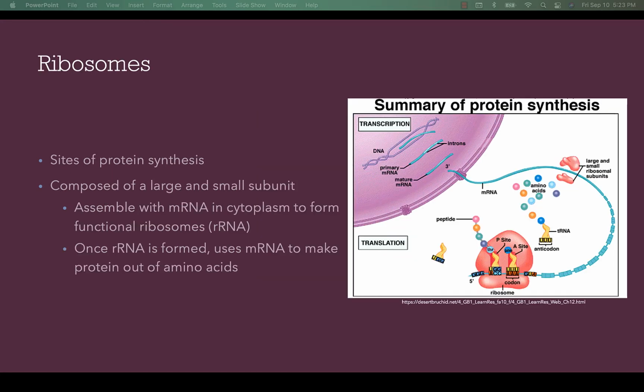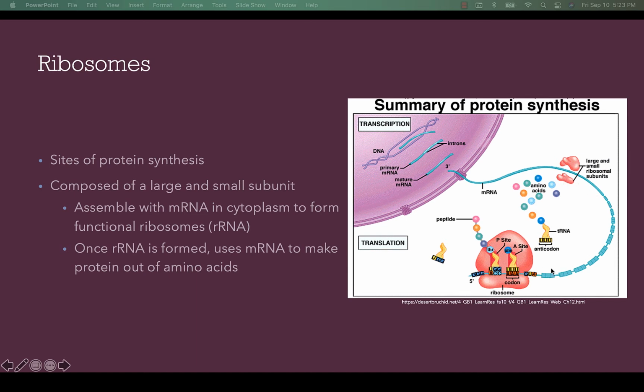Ribosomes, this is where protein synthesis occurs. So ribosomes are composed of a large and small subunit that they assemble together with an mRNA in the cytoplasm out here to help form functional ribosomes. And so that's the rRNA basically. Once the rRNA is formed, it will use this mRNA to make protein out of the amino acids.